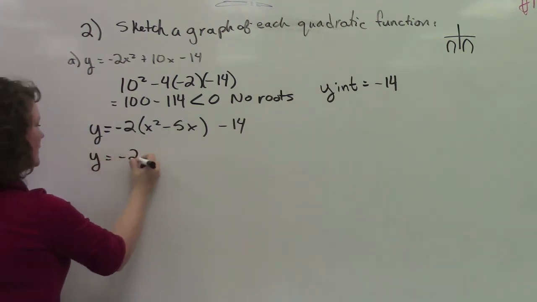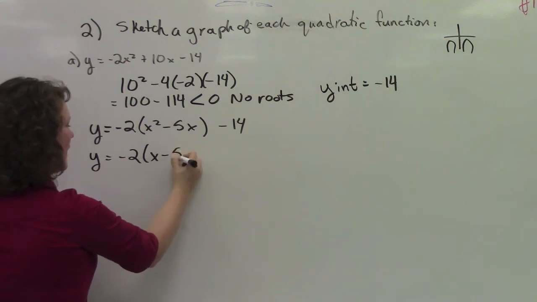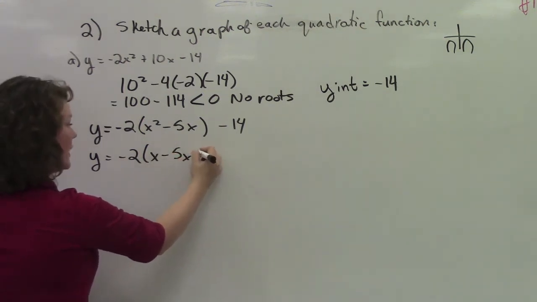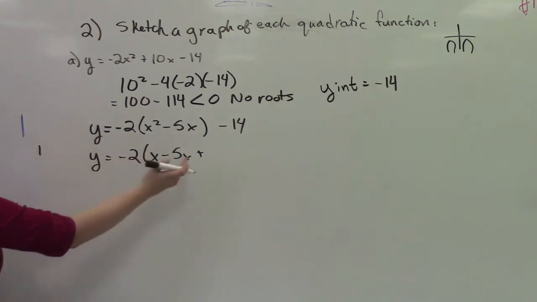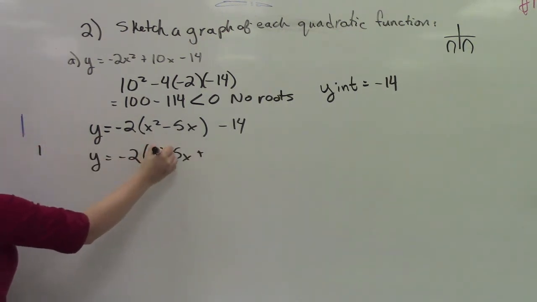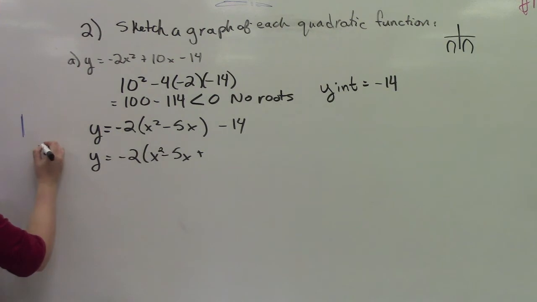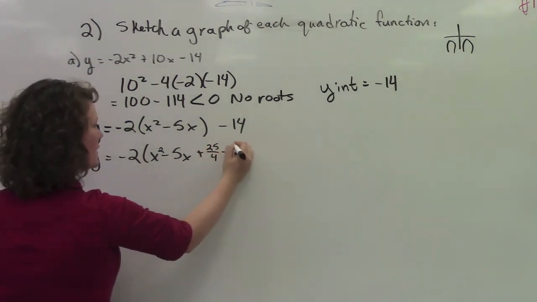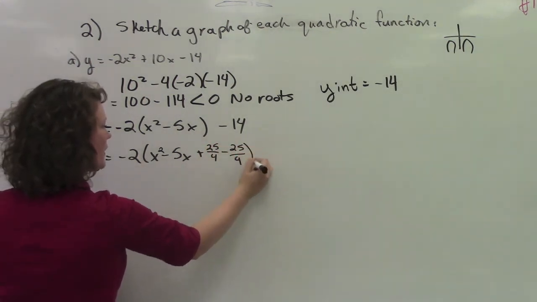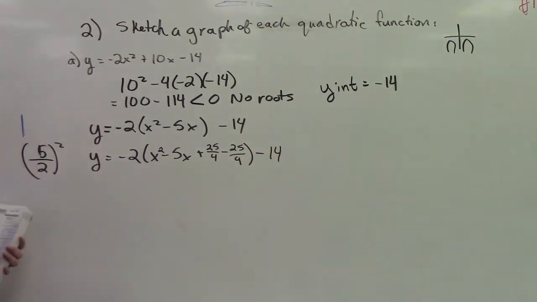Y equals negative 2, x squared minus 5x plus, remember, to get our c term here, we go 5 over 2 squared, so that's going to be 25 over 4. Minus 25 over 4, minus 14.